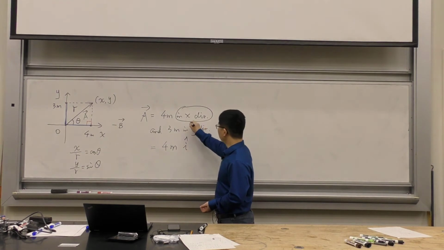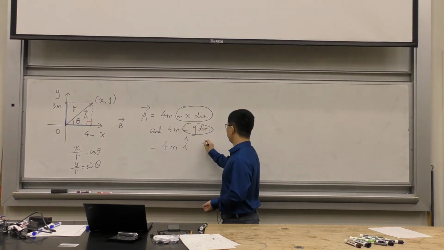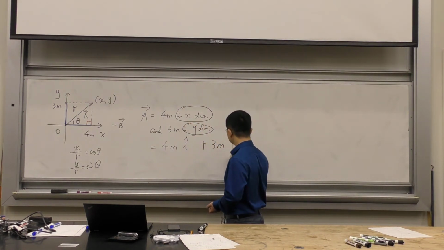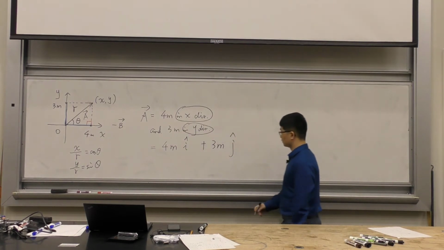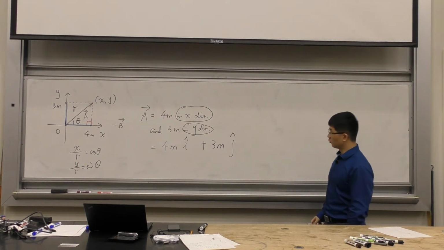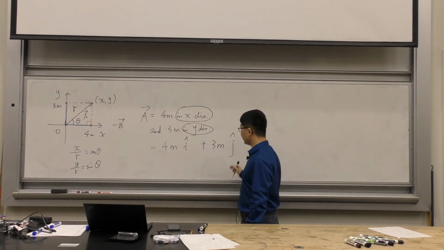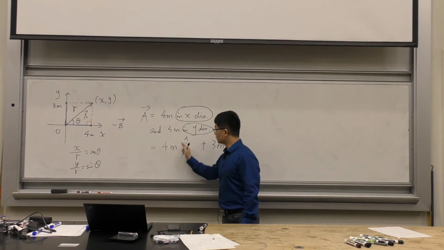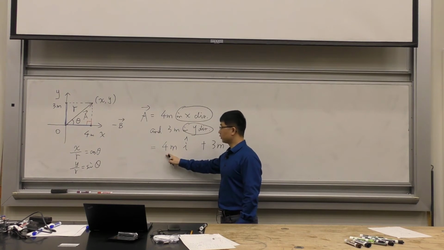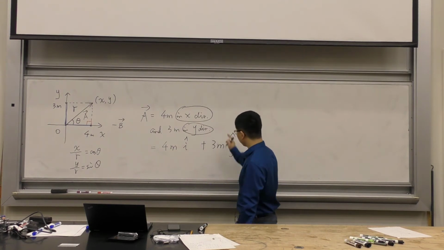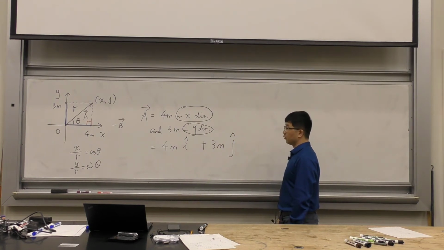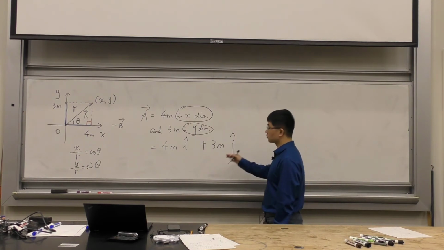Then what about in y direction? Then we use J with the hat on top of it. So whenever you see I hat and J hat in this class, they just mean that whatever this number is, that's the component in x direction, and whatever this number is, that's the component in y direction. They're just notations.